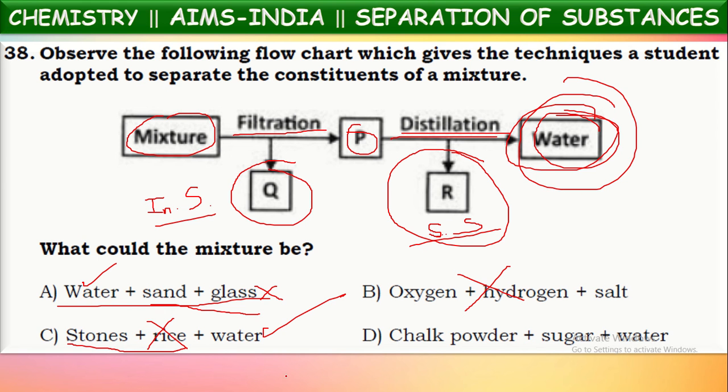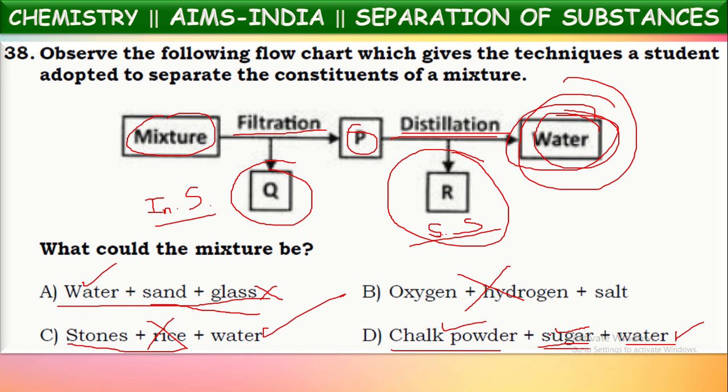Now, if you observe the fourth option, chalk powder, sugar, and water. So water is a product. Finally, it is shown, and by filtration we can separate chalk powder because it is an insoluble solid substance. Okay, that is correct. And if you see sugar, sugar is a soluble solid substance. It can be separated only by distillation.